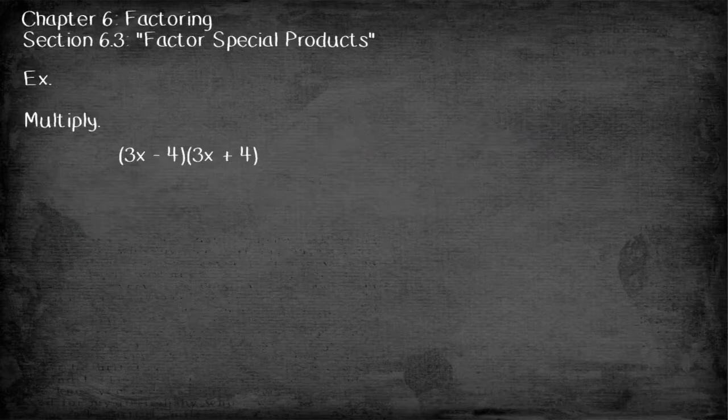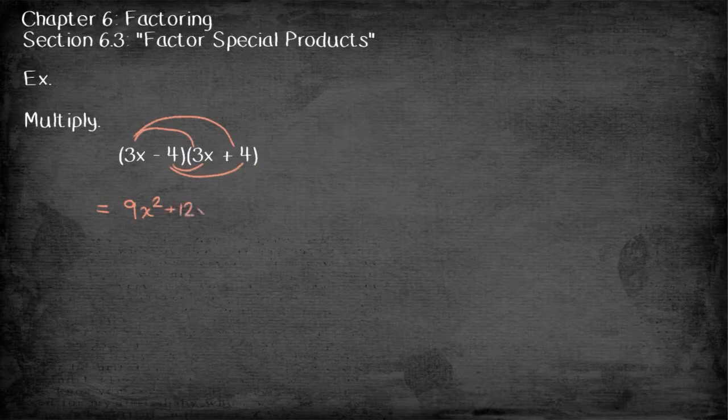Alright, before we get to another special product, let's take a look at an example of multiplying. You can always use some practice. First, outside, inside, last. Nine x squared, 3x times 4 is 12x.